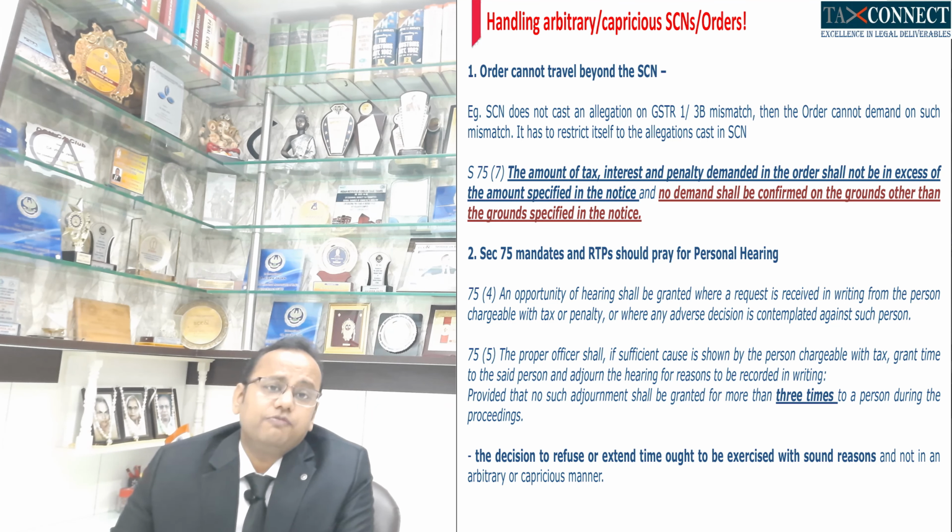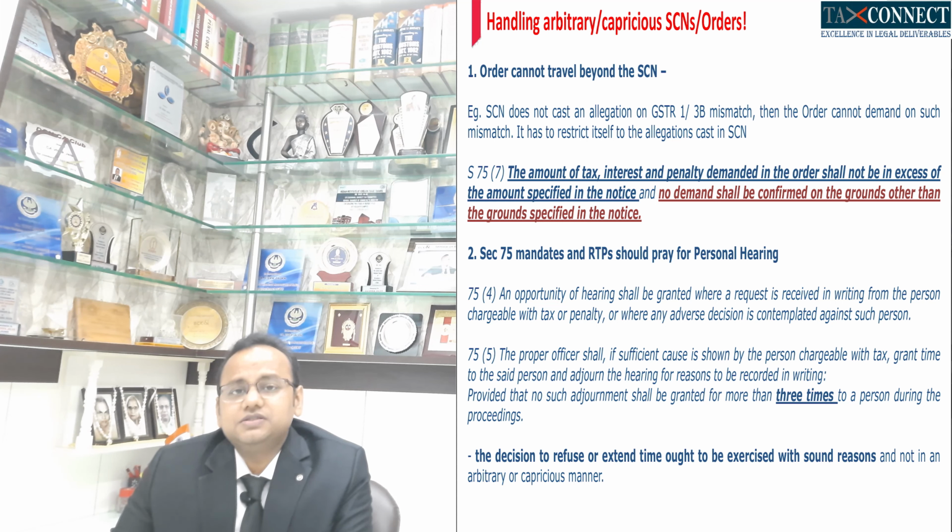An opportunity of being heard is very important in any taxation statute. Similarly, in section 75 subsection 4 and 75 subsection 5 of the CGST Act, this opportunity of being heard is embedded.